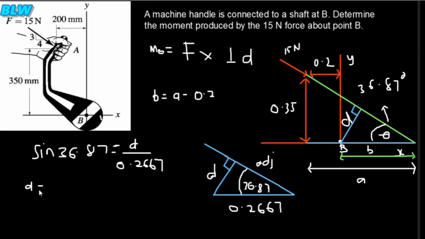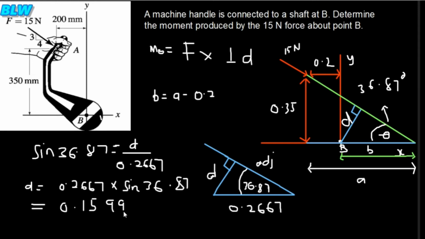Therefore D will be equal to 0.2667 times sine of 36.87. So D is equal to 0.159999 meters.